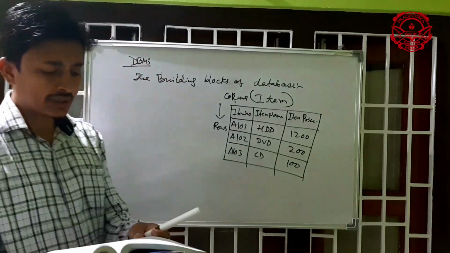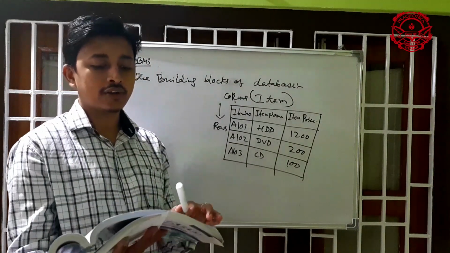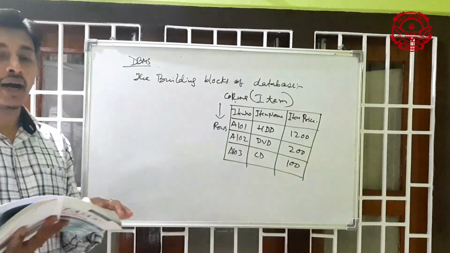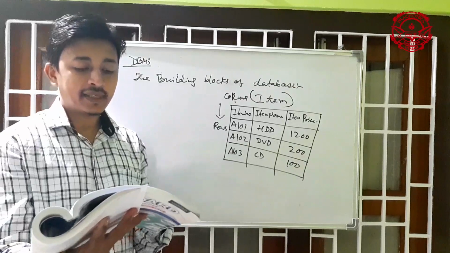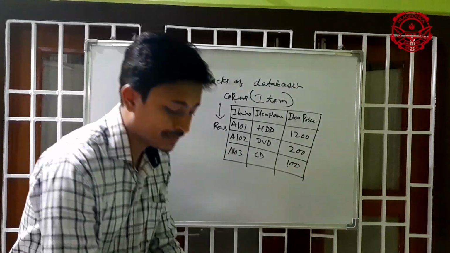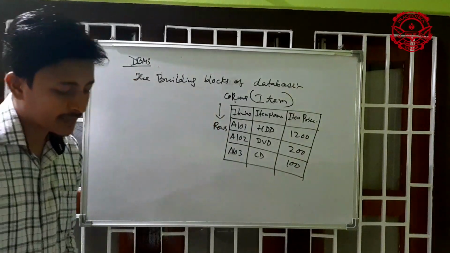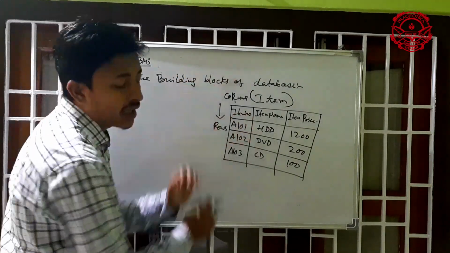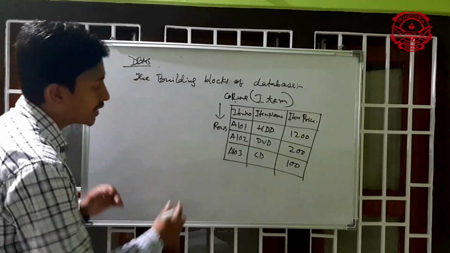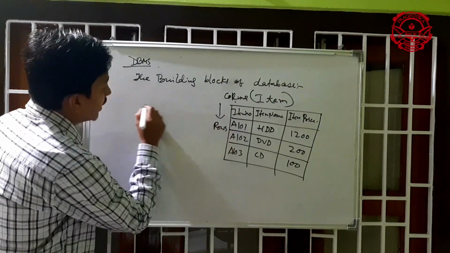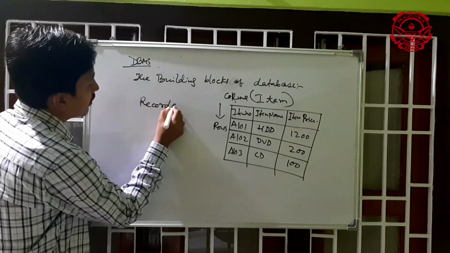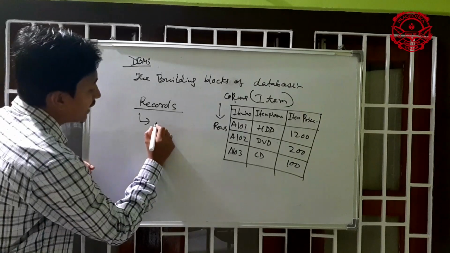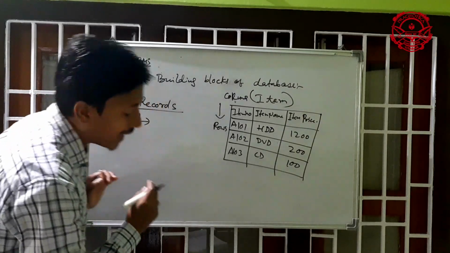In the book you can see a record, that is also called a row, contains information on one item or one entity. It means a record is one entity or one item.